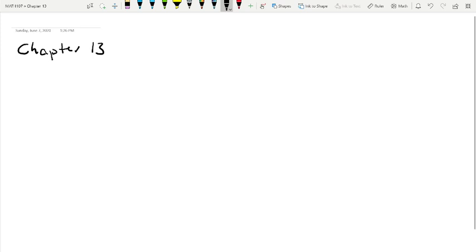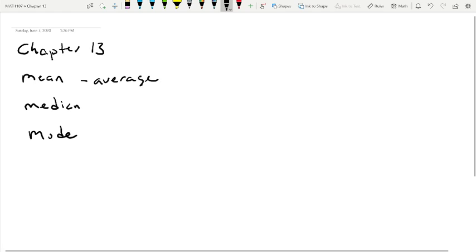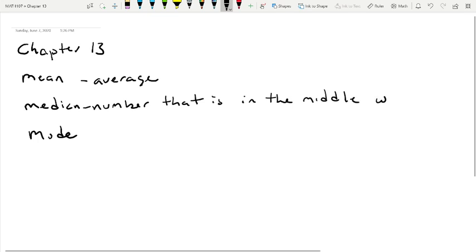So let's start out with things you probably heard of, which being these three terms, being the mean, the median, and the mode. Well, the mean, that just refers to the average. The median is the number that is in the middle when the numbers are in numerical order.